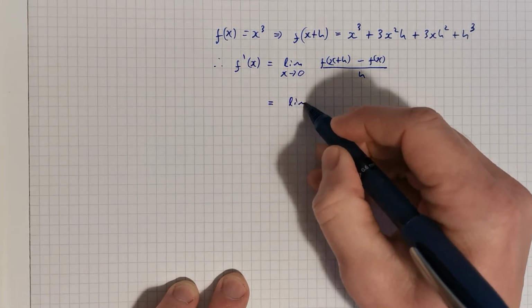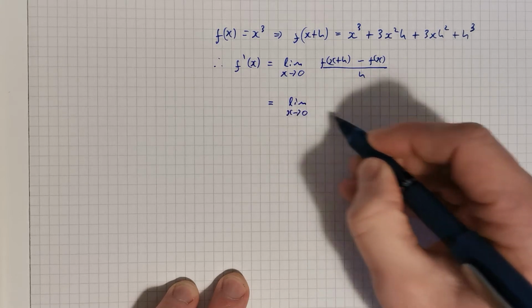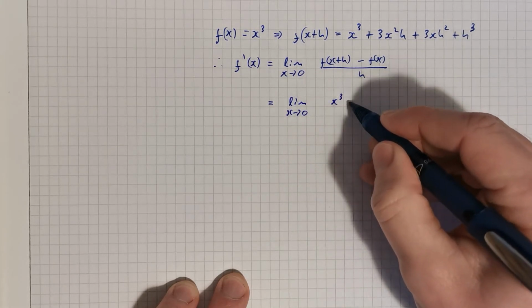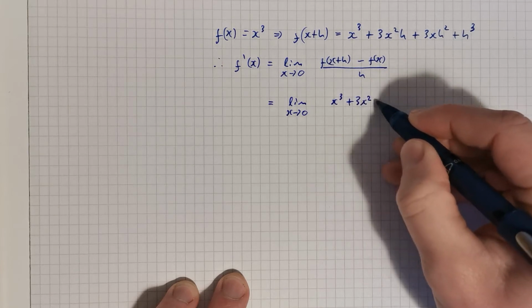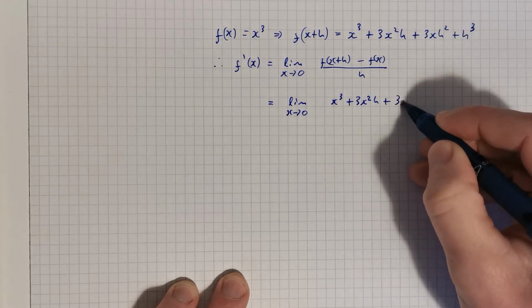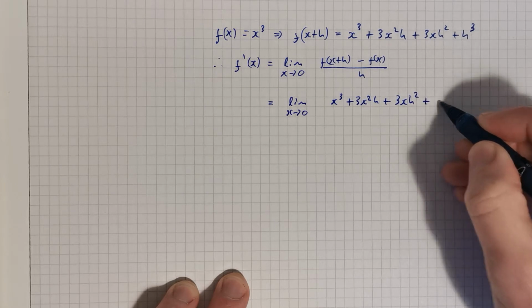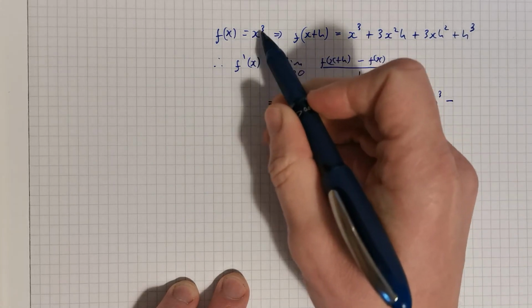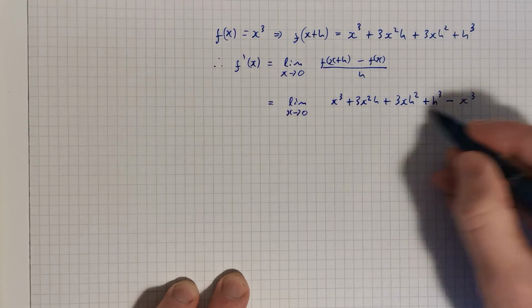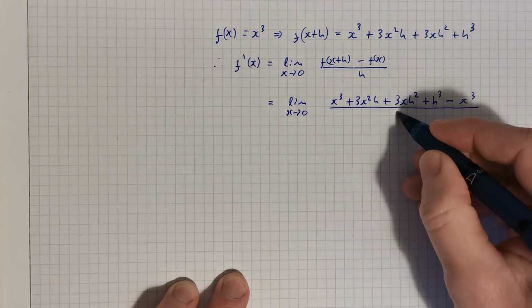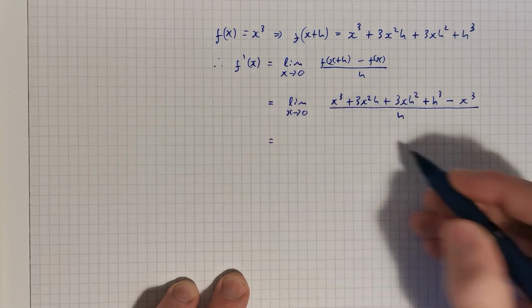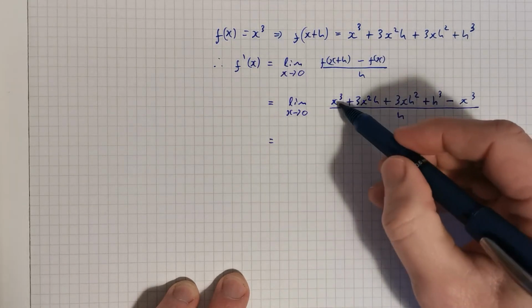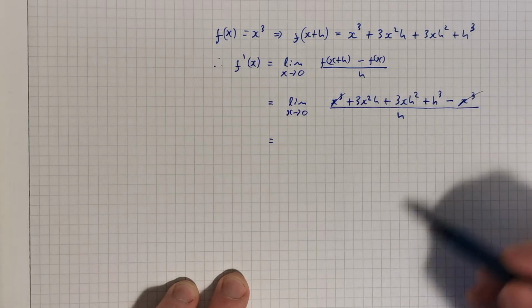So it's the limit as h tends towards 0. F of x plus h here is x cubed plus 3x squared h plus 3x h squared plus h cubed. And then subtract f of x. Well, f of x is just x cubed, all over h. And what should always happen at this stage is the original term or terms should cancel.